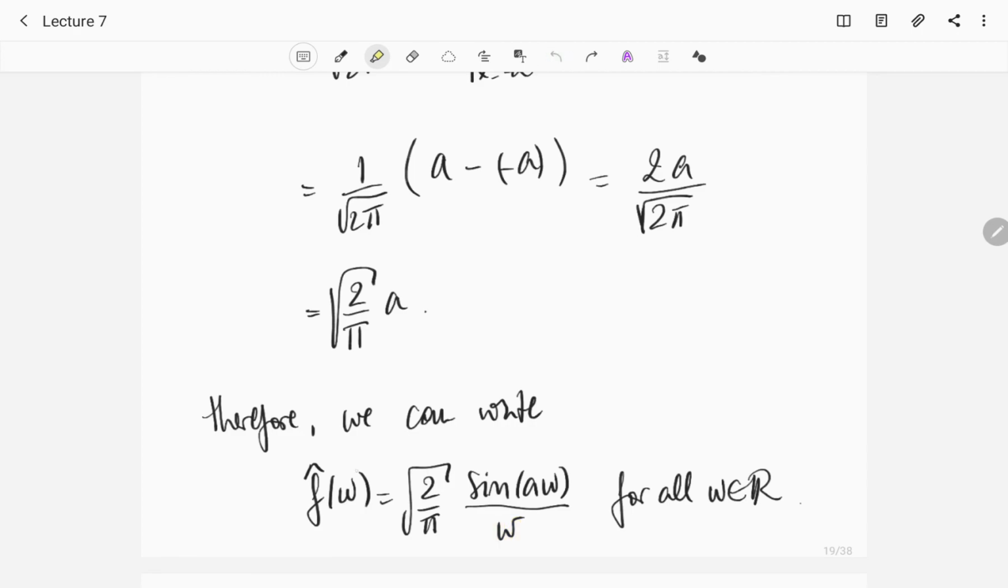But when we write this expression and we think about all the omegas in R, we think that we are taking the limit of omega going to 0 when we want to take the value of this Fourier transform of f at 0. Okay? But we are allowed to write this formula. The only thing that you have to check is that the limit exists.